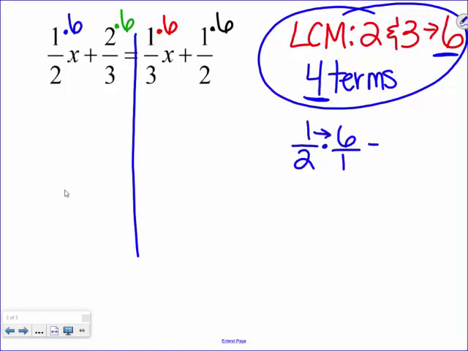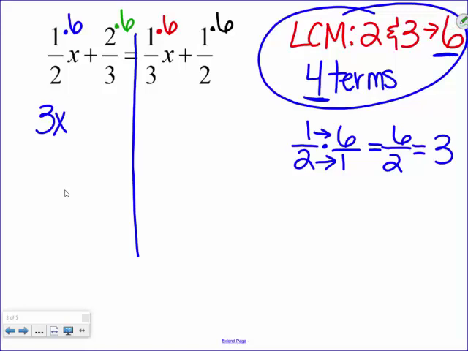We have 1 times 6, which gives me 6, and 2 times 1, which gives me 2, and 6 divided by 2 is 3. So what is my new term over here? 3x. Some of you could look at that and say, I know that half of 6 is 3, and you can do that automatically. That's fine in future problems, but for this first one, I want to see them written.